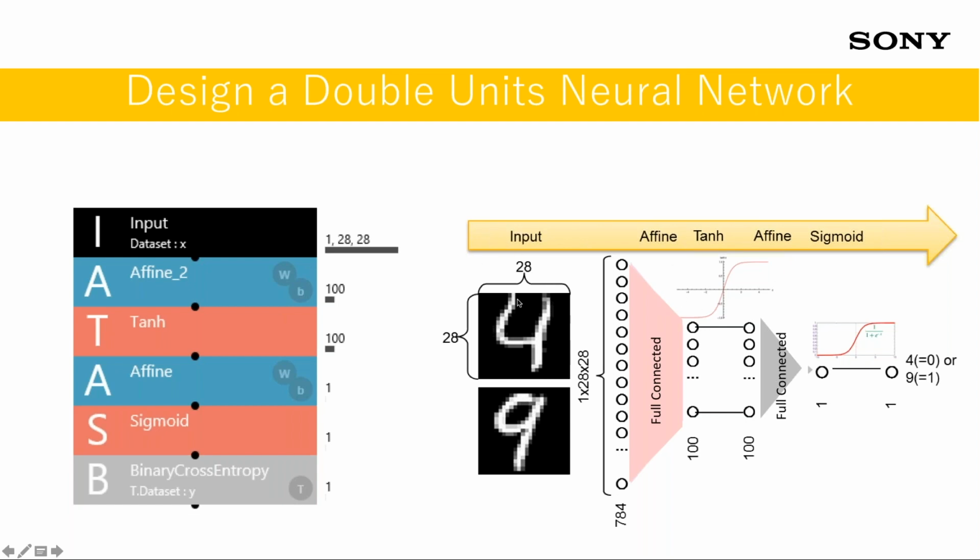I have the input for a 9 again, it goes to affine, and this time my affine has 100 outputs. So 784 goes to 100, and from there I apply the tanh activation. This is one layer, and at the end I have another affine, and sigmoid for output again. So you see I have 2 layers. This is just putting 2 affine structures together in a neural network.